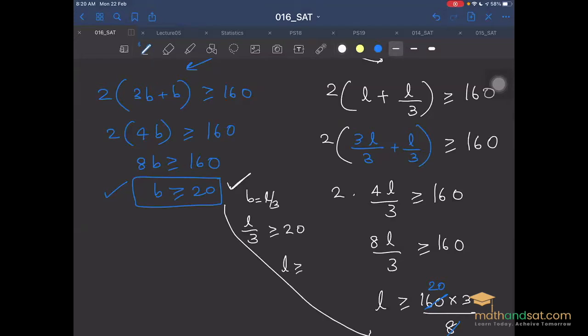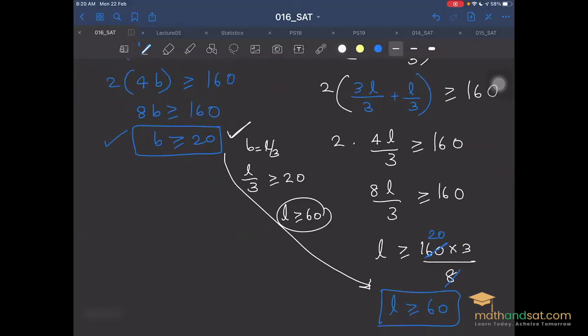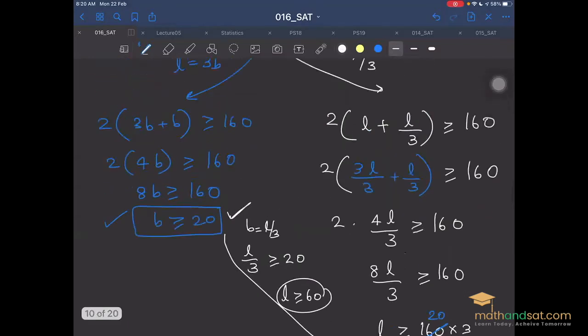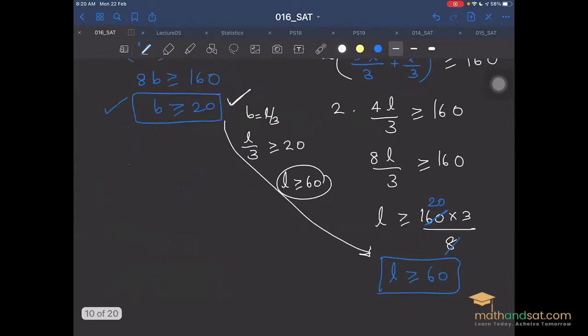So you have L greater than or equal to 60. Got it? So we could have avoided this step completely.